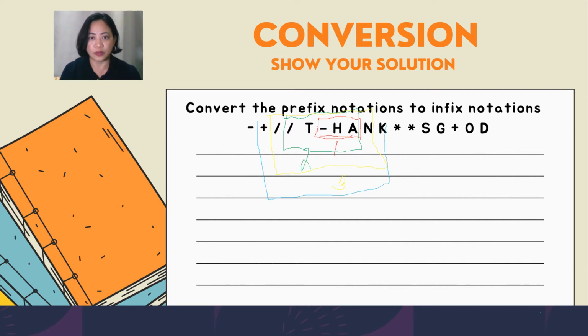And then next, operator, operand 4, and then operator. It doesn't follow a sequence, so we'll jump. Operator, operand, operand. So this is our fifth expression.